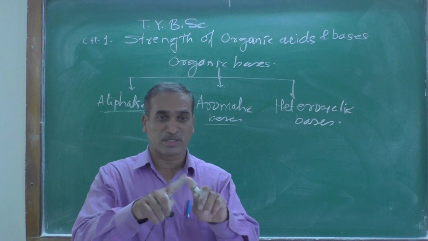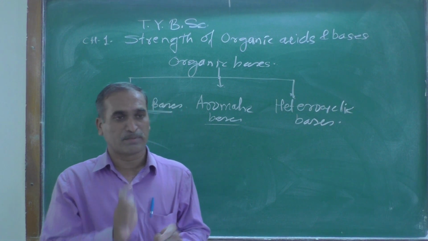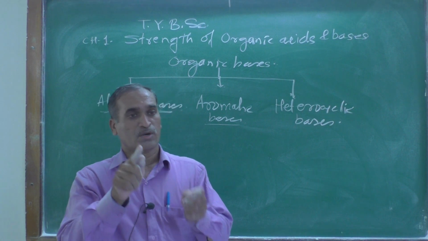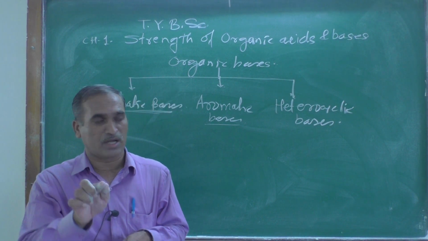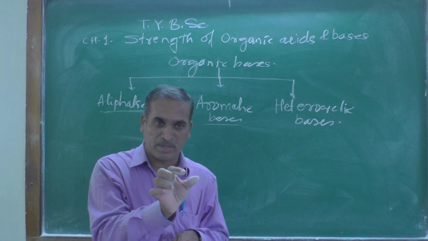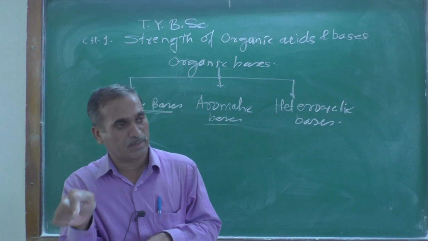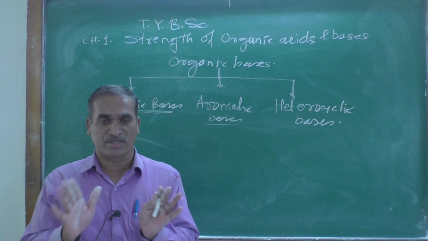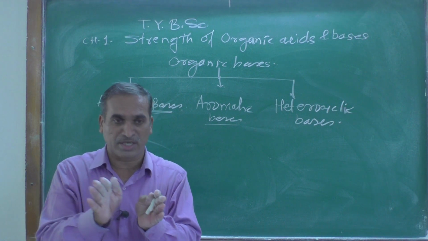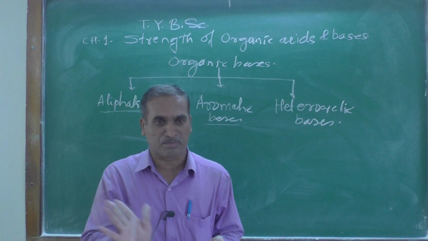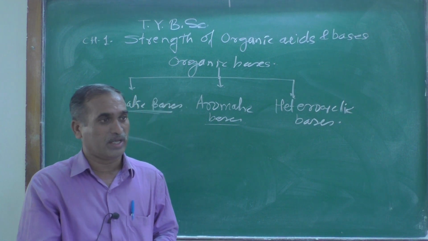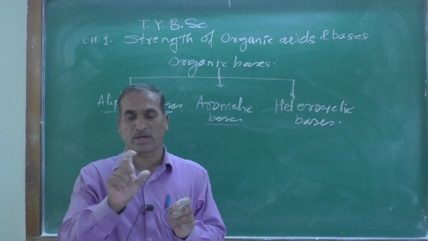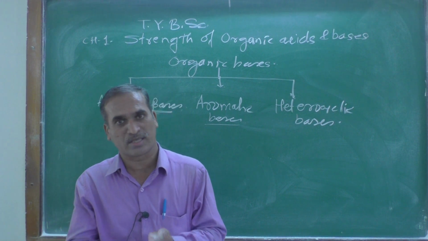For an aromatic compound, it must be cyclic, that is the first criterion. The second is fully conjugated. Conjugated means carbon-carbon double bonds are separated by a single bond, alternating in nature. If they are present nearer to each other, that type of compound is not aromatic. They should be fully conjugated, meaning alternate carbon-carbon double bond and single bond.